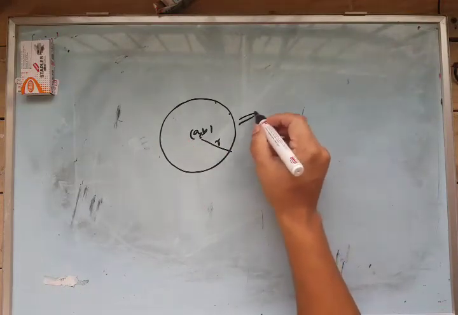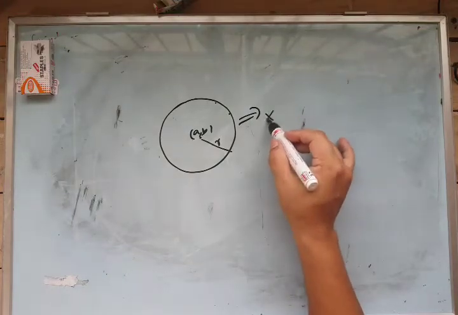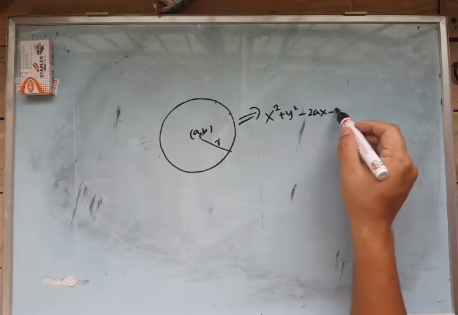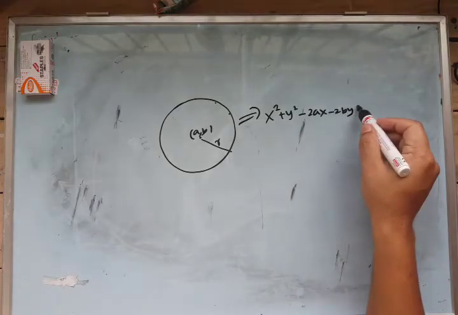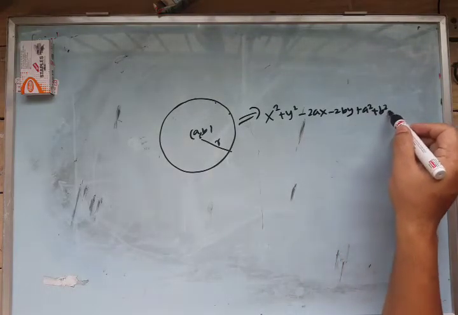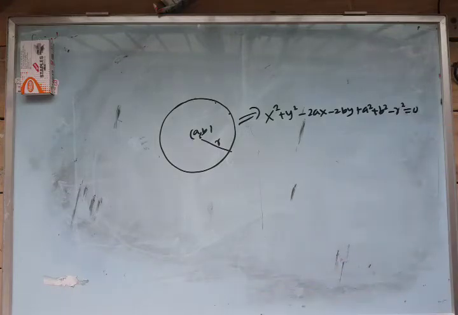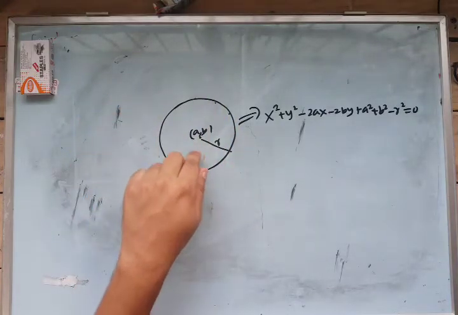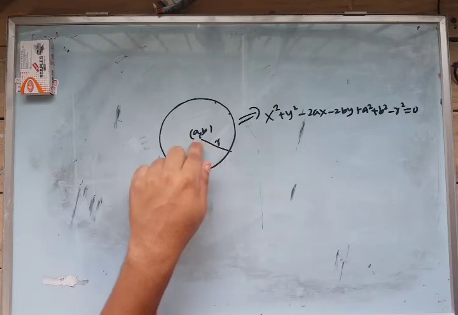So you obtain the characteristic equation as x squared plus y squared minus 2ax minus 2by plus a squared plus b squared minus r squared equal to 0. In this case we implemented the fact that any point on the circle lies at r distance away from the center.